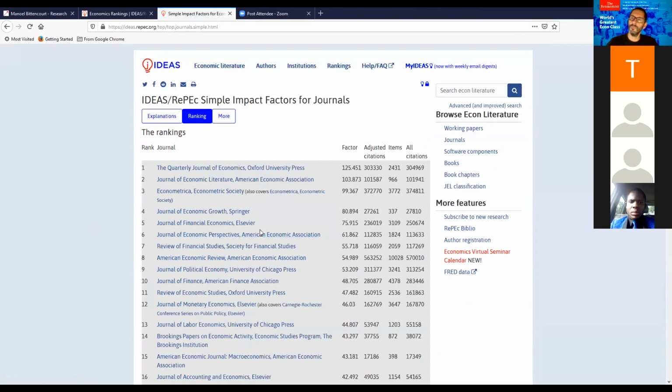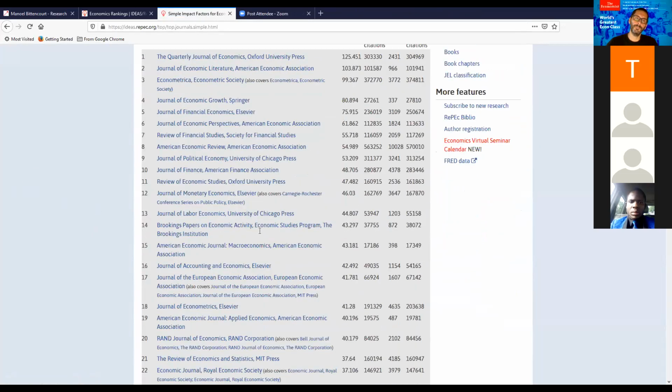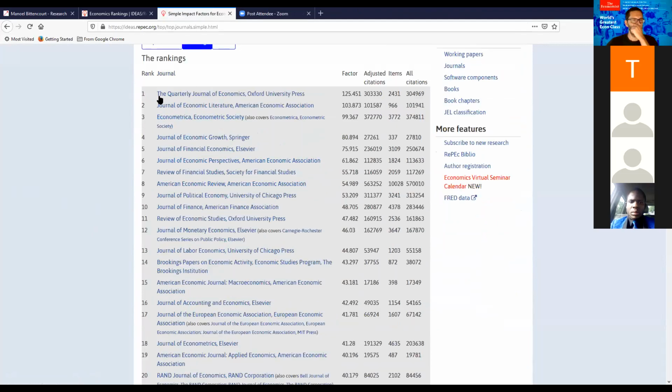Then we have a ranking of journals, let's say the top 10, and the top one is QJE, Quarterly Journal of Economics, which is published by Oxford University Press. And I don't have to tell you that Oxford University Press is not a predatory publisher. OUP is one of the most important publishers in the world, right? And QJE, published by OUP, is the journal of Harvard University, right?